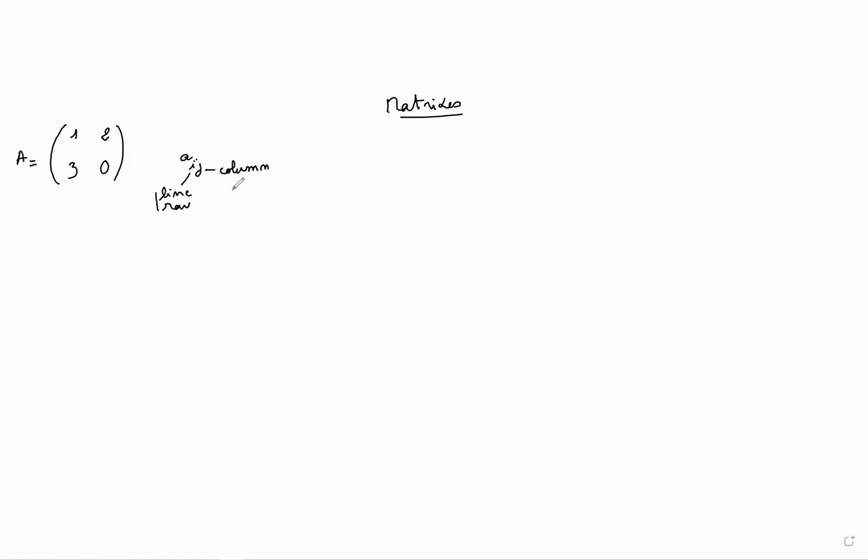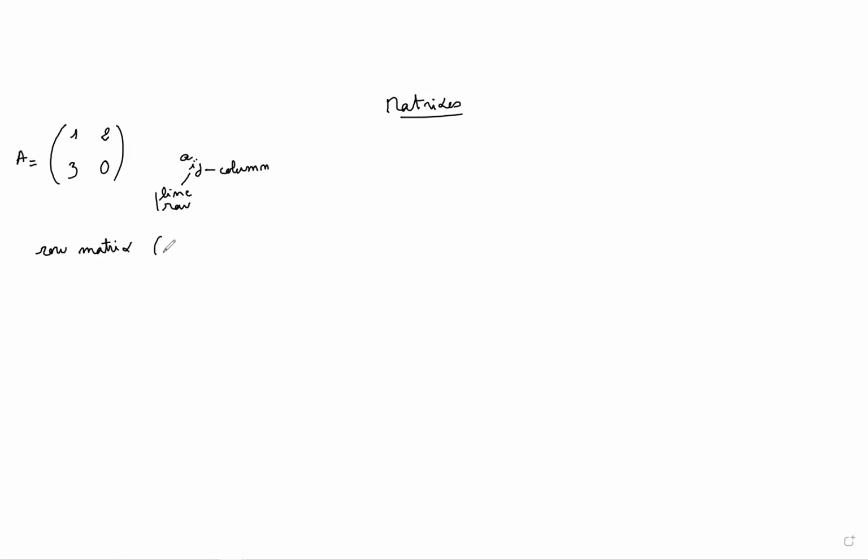We have several matrices that have specific properties. For example, a row matrix is going to be a matrix with only one row, one line.